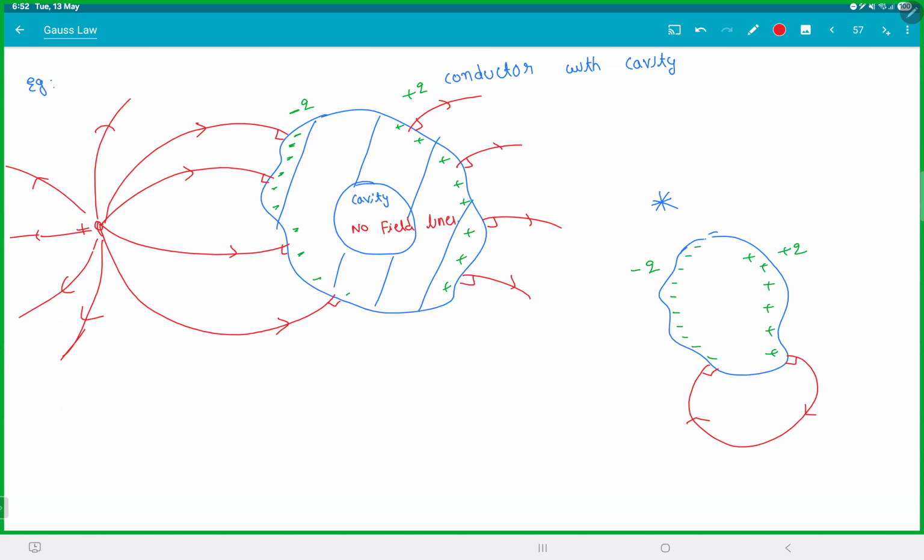Is this possible? Why? What is the problem? Why can't you have a field line like this? Why can't you have a line going from positive plus q to minus q? We did discuss this. These kinds of field lines are not possible.